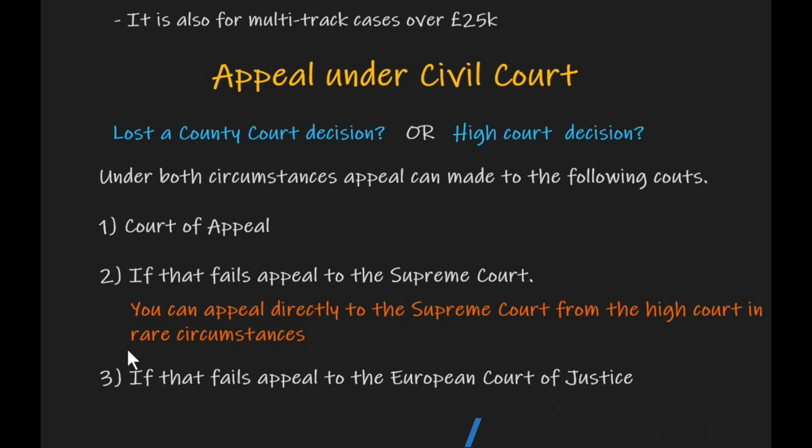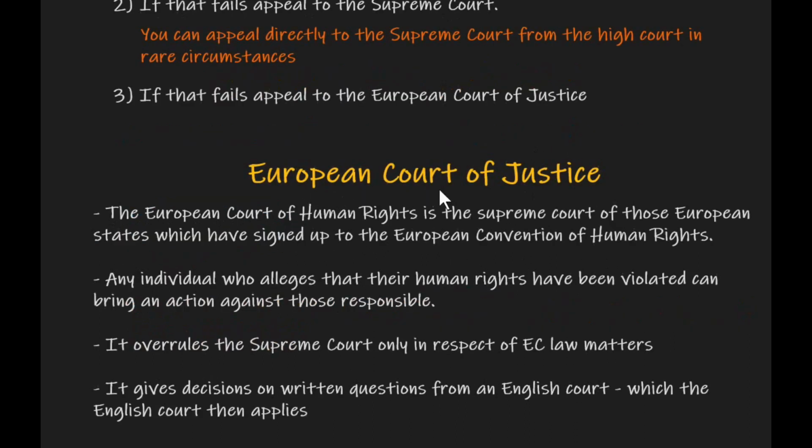And in some rare circumstances, one can directly appeal to Supreme Court from High Court instead of going to Court of Appeal. Let's talk about European Court of Justice. It is the Supreme Court of those European states which have signed up to the European Convention of Human Rights.